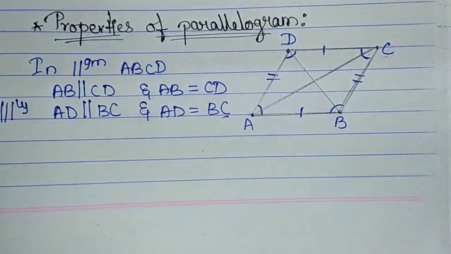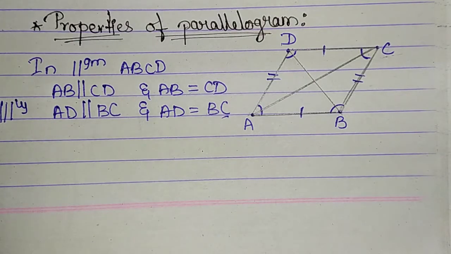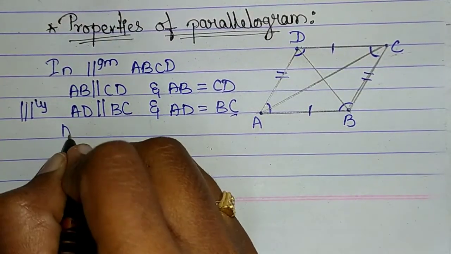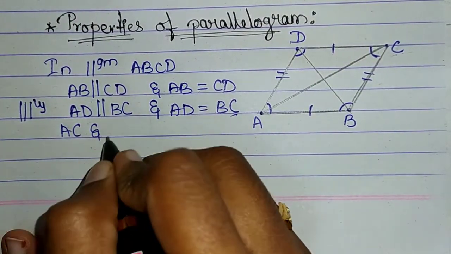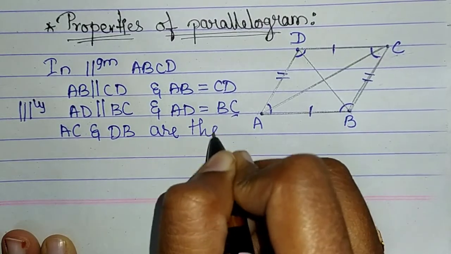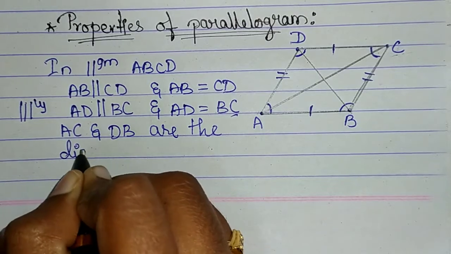Remember, a diagonal is a line segment which joins any two non-adjacent vertices in a polygon. Not just quadrilaterals, diagonals are also present in pentagons, hexagons, heptagons and so on. So here in our parallelogram ABCD, AC and DB are the diagonals.